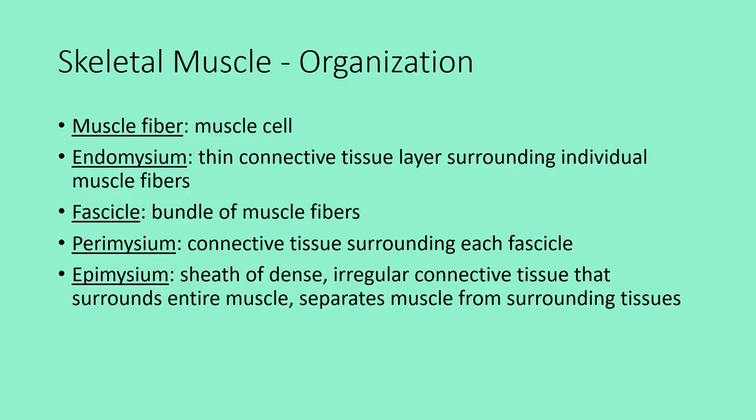Around that fascicle, you're going to have another layer of connective tissue, like another membrane holding that bundle together. That's called the perimysium. And then epimysium is around where you have a whole group of the fascicles together making up the entire muscle. And that's going to help separate the muscle from any of the surrounding tissues.